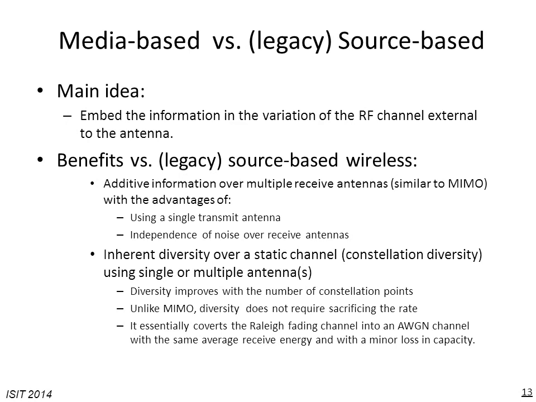So I am still at the first bullet about the additivity of information over multiple receive antennas. As I said, we use a single transmit antenna and we have a linear increase in the received information, in the mutual information, as a function of the number of receive antennas.